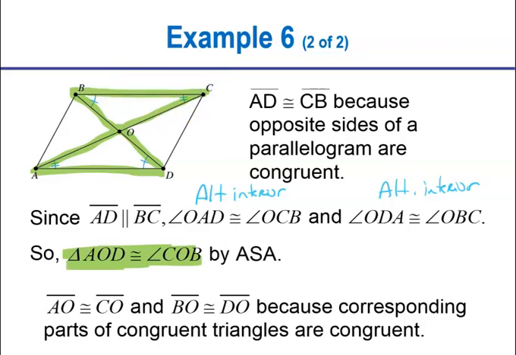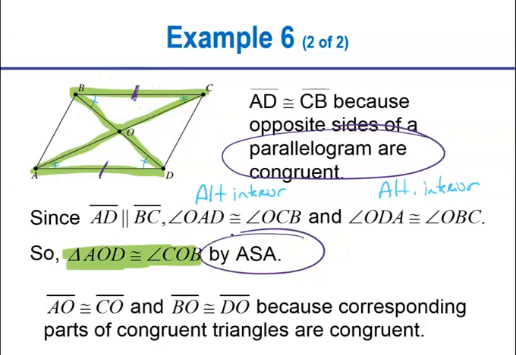How would you argue that? So we know that this angle matches that angle and that angle matches that angle. That's our alternate interior stuff. Remember, I had it marked but got rid of it. This side and this side are congruent. They even restate it right here. Okay, so this is angle, side, angle. So there we go. They did list that. That was by angle, side, angle. Okay. Now let's keep going.